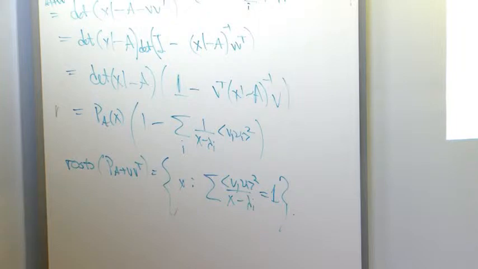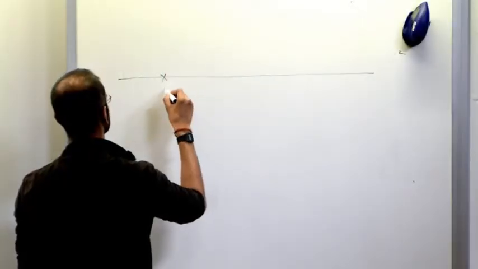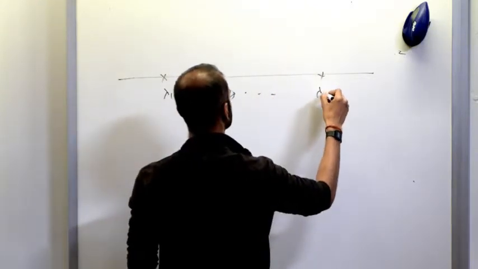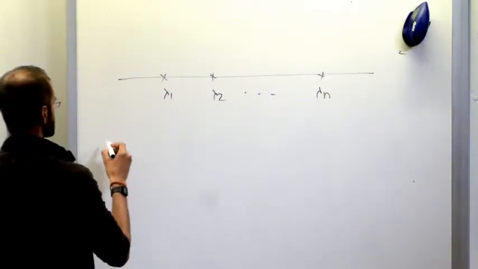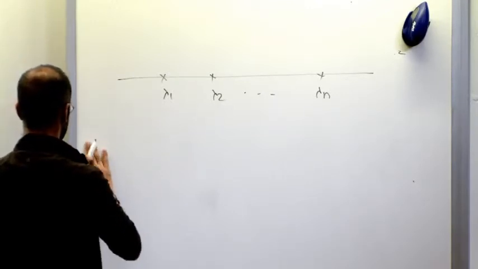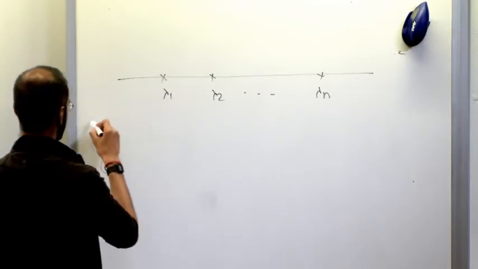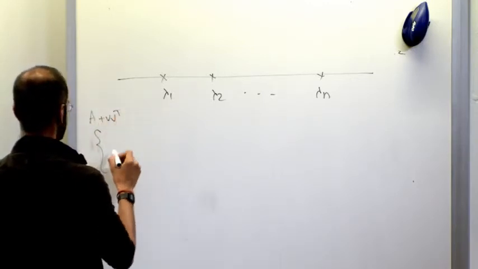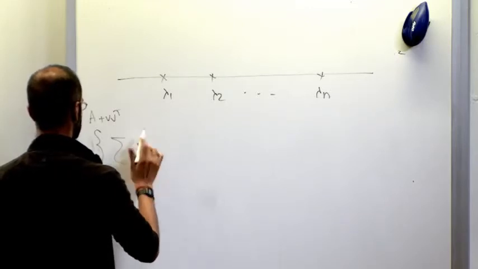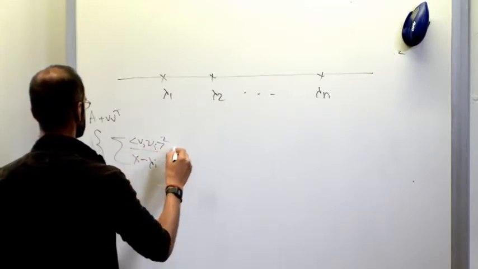Okay. So if the roots of my matrix A are lambda_1, lambda_2, up to lambda_n, then I just showed that the roots of A plus VV transpose are the set where this rational function is equal to 1.